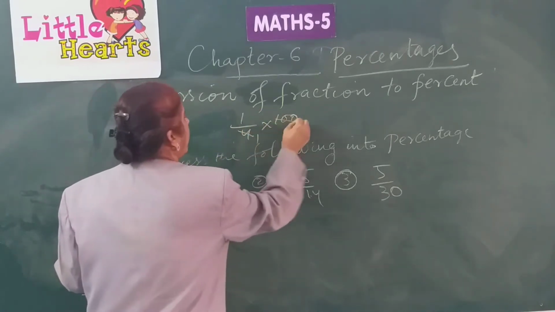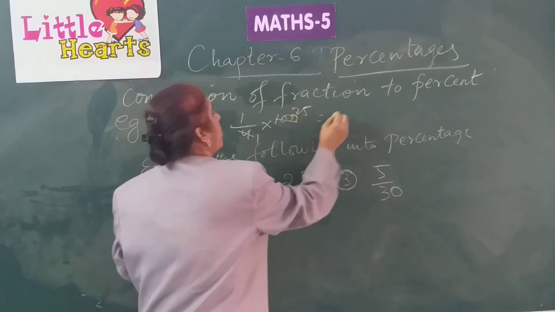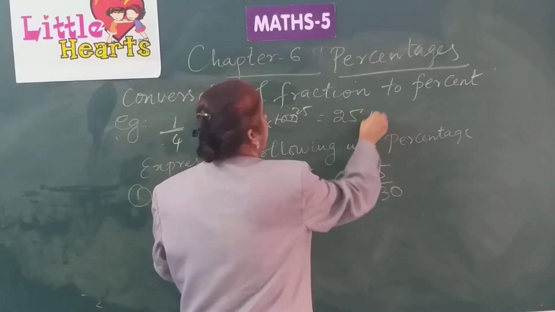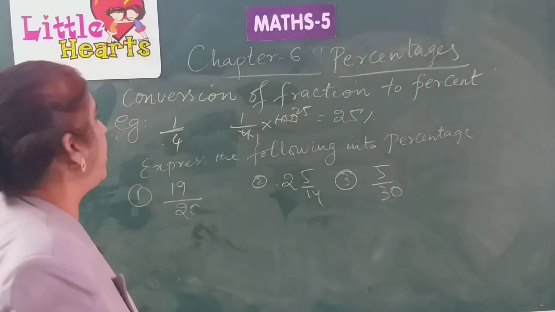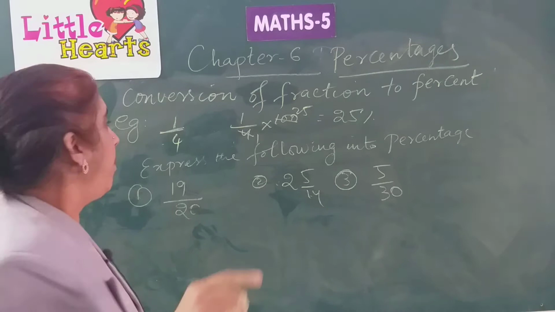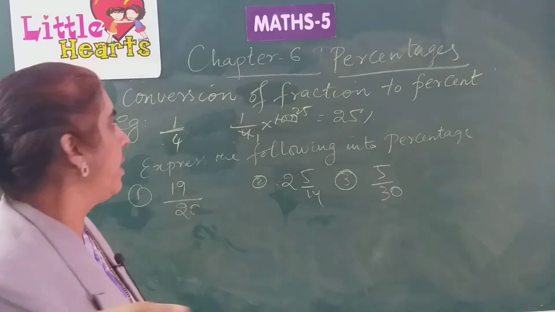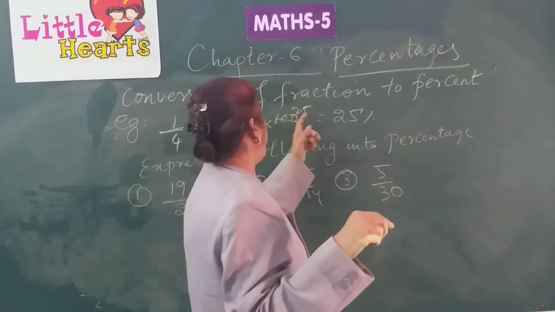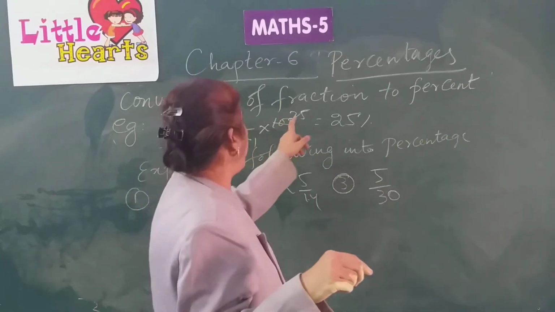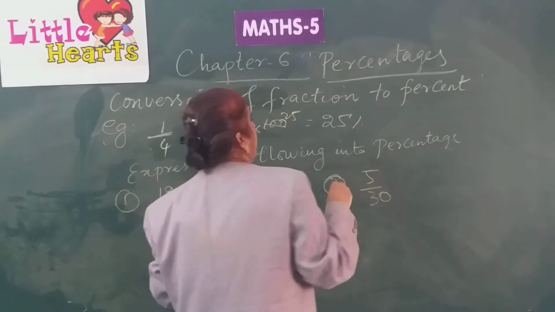Cancel: 4 ones are 4, 4 25s are 100. So 25% is the answer. When you need to convert a fraction into percent, you need to multiply by 100, and for the answer you have to put the symbol of percent.